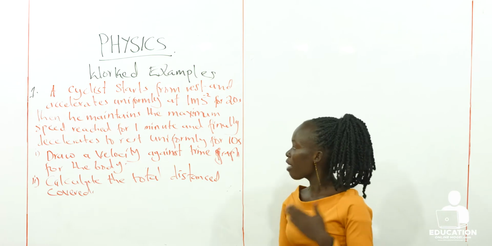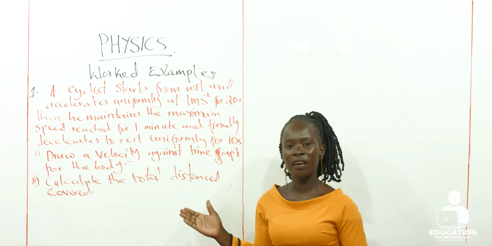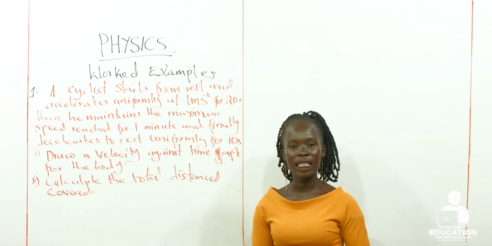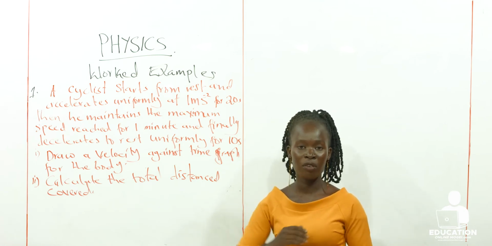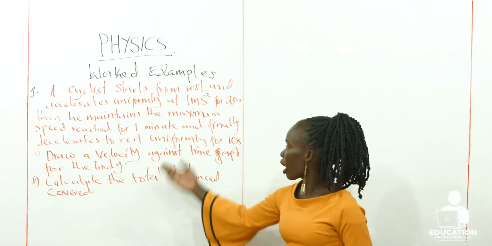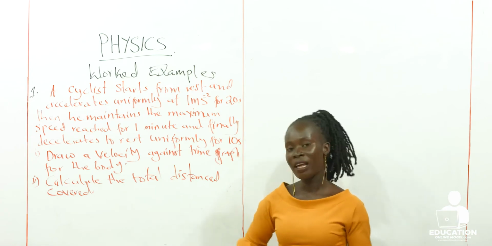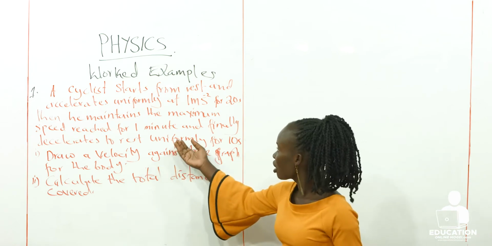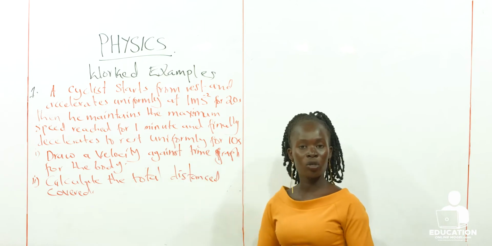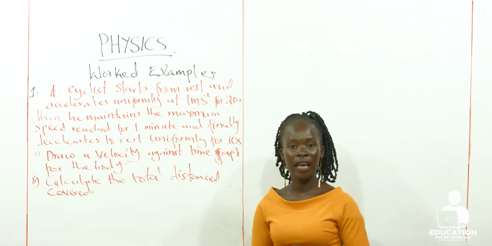And then you need to see, have they given you the time in seconds? The standard unit for measuring time is seconds. You can also find that they have given it in hours. But if, like in our question, they have given it in minutes, then you have to convert the minutes into seconds.